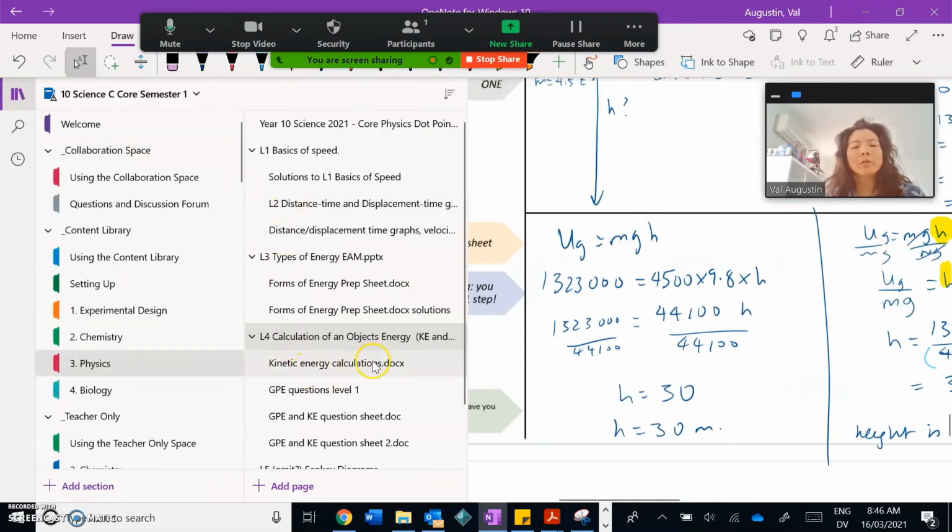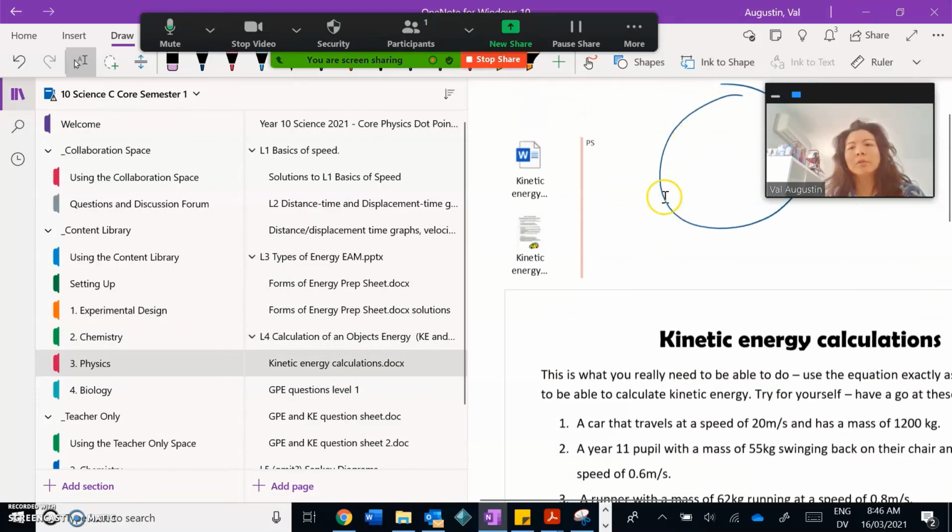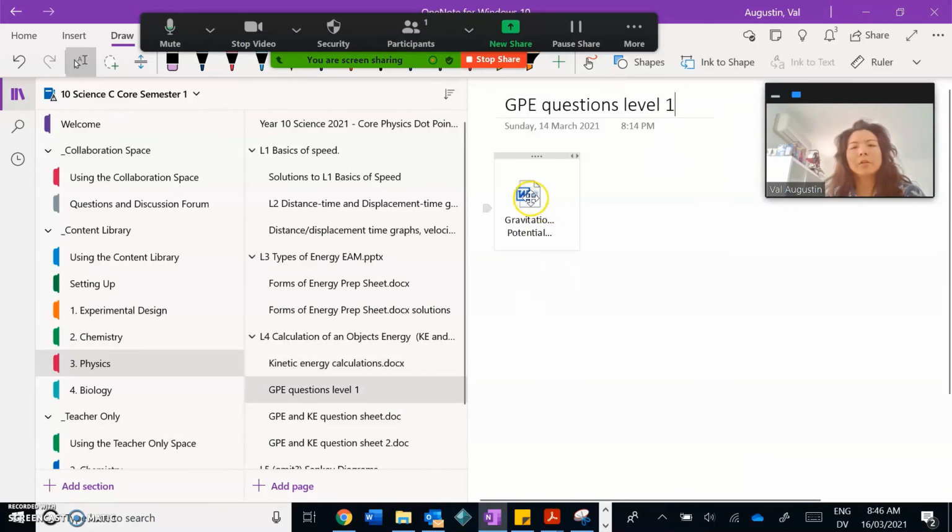Okay, now your questions are these sheets to do, and I will be putting solutions up here shortly. There are these gravitational potential energy questions, level 1. I haven't printed that out yet down here, but I will. These two are what I call separate ideas: one's a kinetic energy idea, the other one's a gravitational potential energy idea.